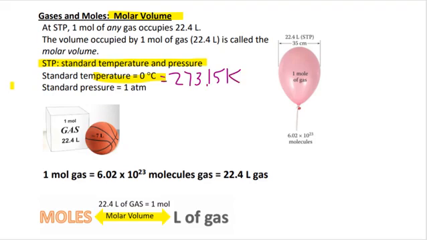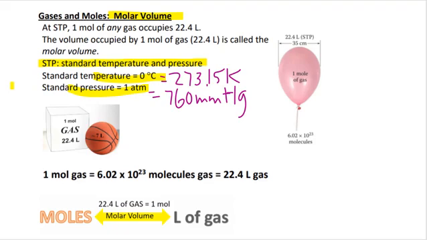Those are equal to one another. And standard pressure is 1 atmosphere, which is equal to, remember from the last lecture, 760 millimeters of mercury, or there's a whole slew of other units that 1 atmosphere was equal to. But anyways, these are standard temperature and pressure.